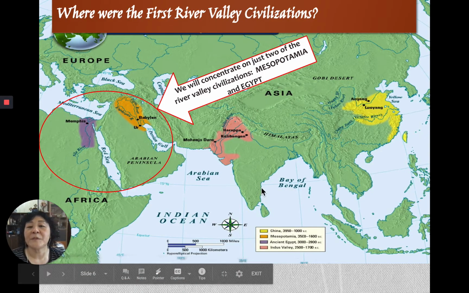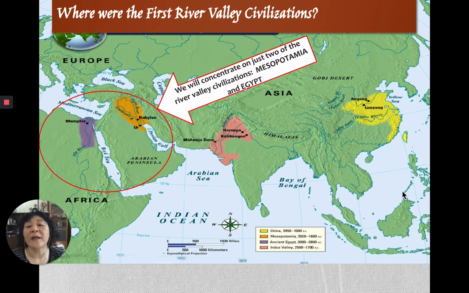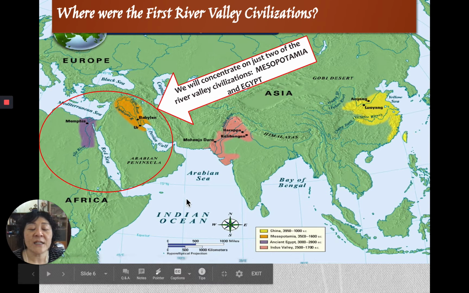All right, so where were the first river valley civilizations? So if you look at this gigantic map, we will concentrate on just two of the river valley civilizations, Mesopotamia and Egypt. And so in this red circle are the areas. Now here's the Indian Ocean. That should sound familiar. We studied the oceans. And here's India.